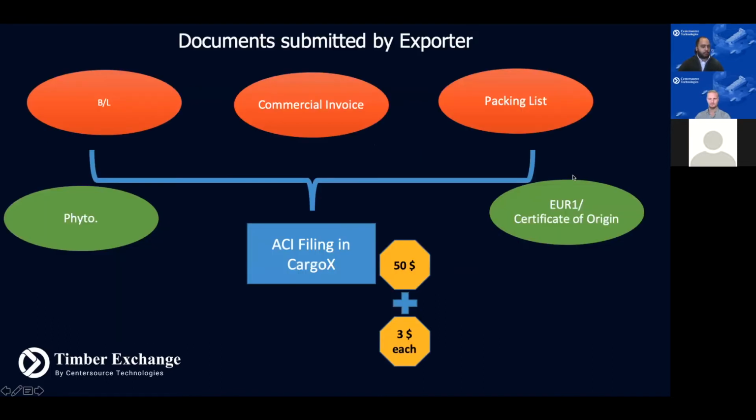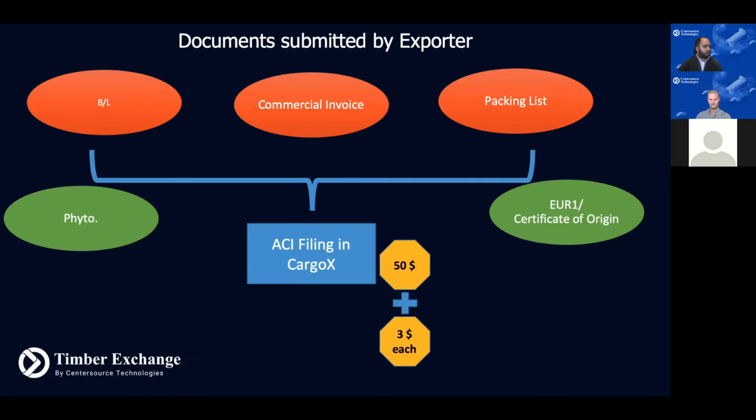But as an exporter, what documents should you send to Nafisa? We are talking here about a BL. Of course, original BL, if possible, will be great, but a draft so far is acceptable. A commercial invoice, a packing list. And for our forestry industry, we need the phytosanitary and certificate of origin.